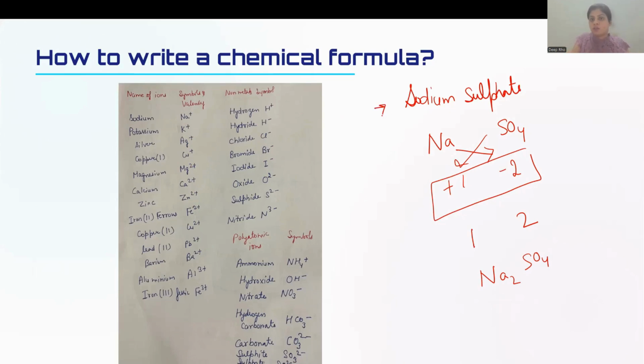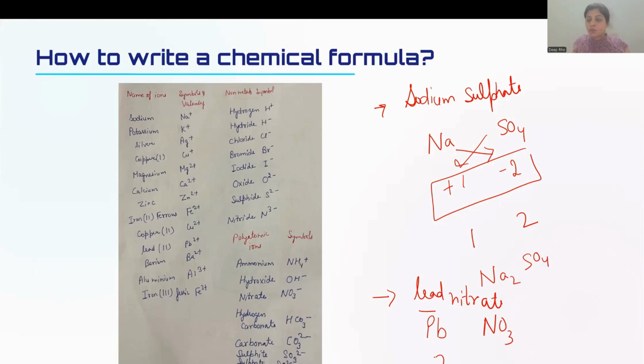This is how you write sodium sulfate. Let's write the formula for lead nitrate. What is the symbol for lead? Pb. Nitrate is NO3. As you can see, Pb has a 2 plus charge.